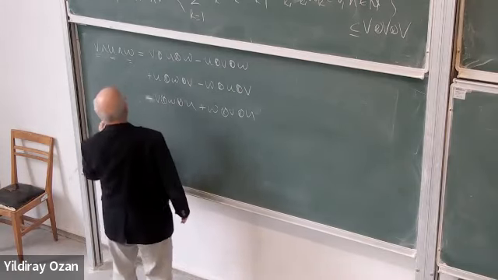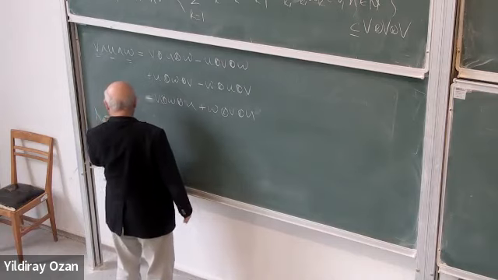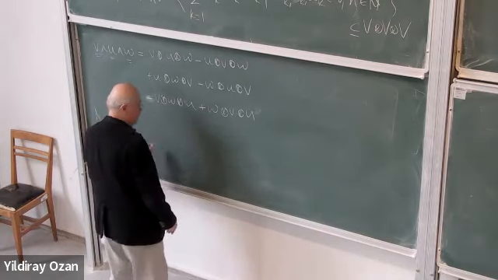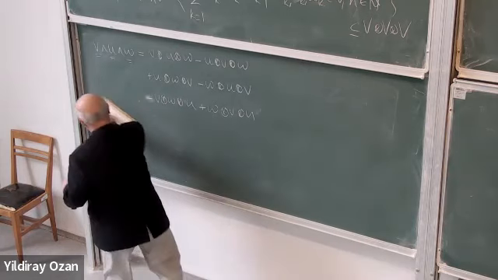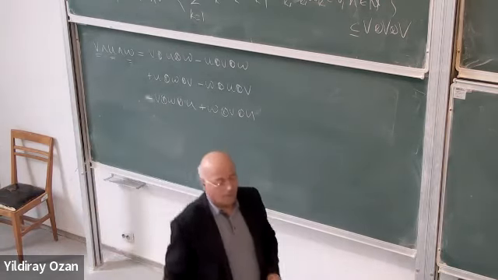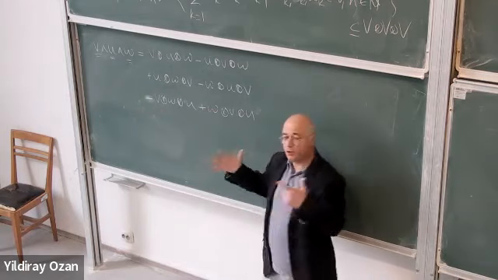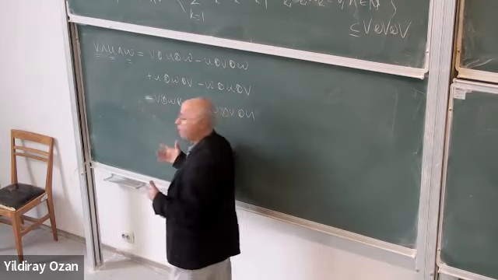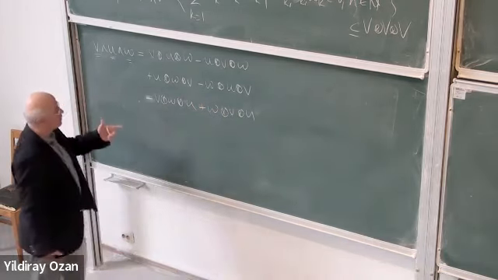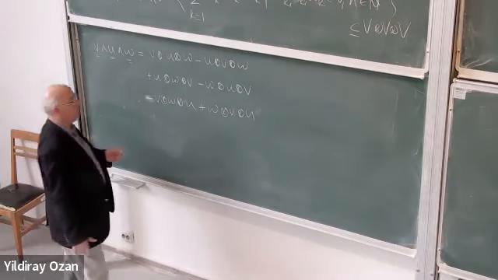Now, we have a notation. Since the tensor product is already defined, these are defined. But we may define the wedge product of vectors in an alternative way.